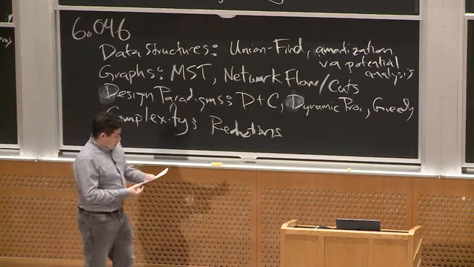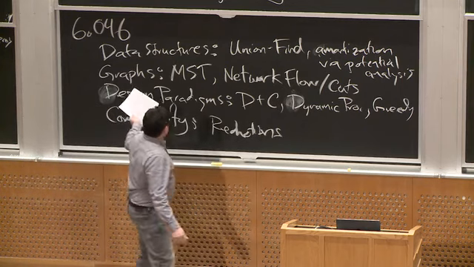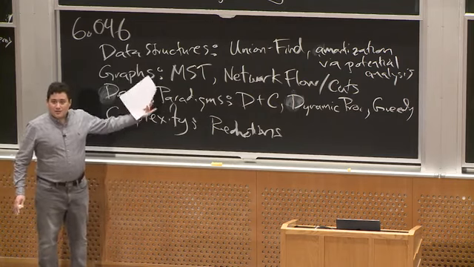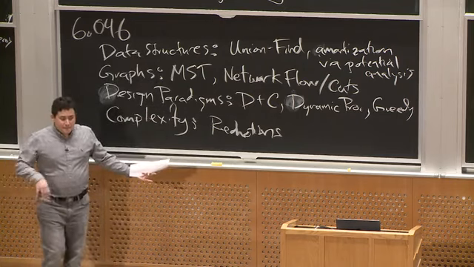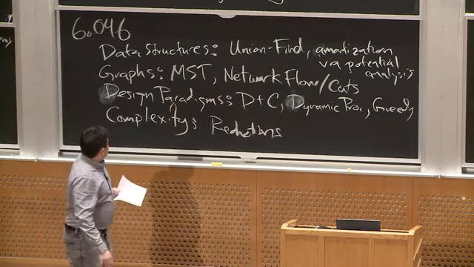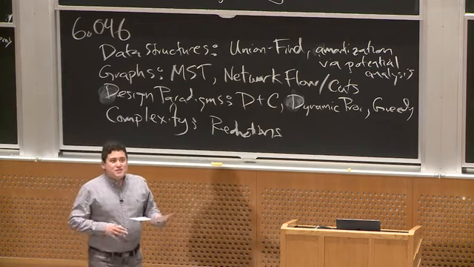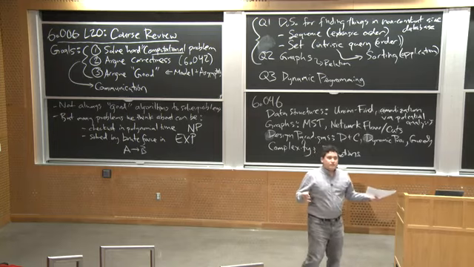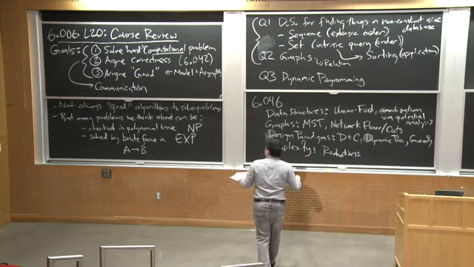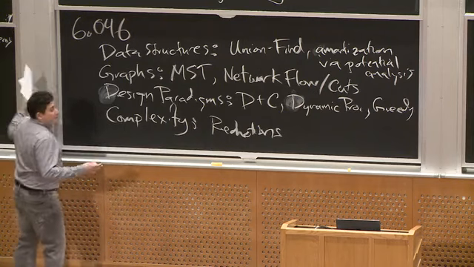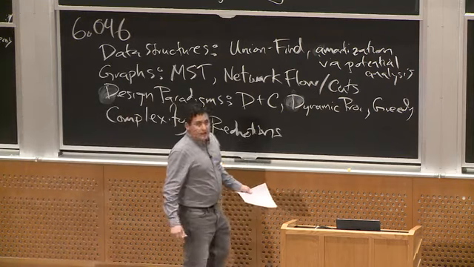I like to think of it as, instead of being the natural extension to the things in the 006 units, what I'm going to do is relax either what it means to have a correct algorithm, or relax what my model of computation is. Okay?